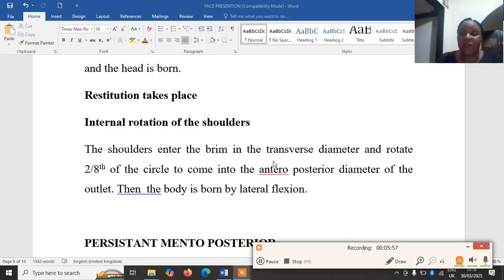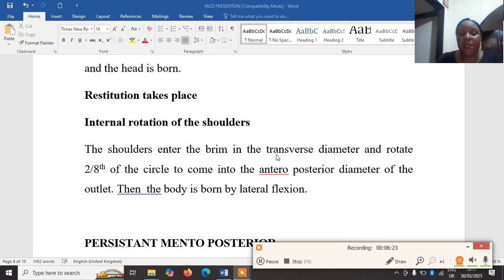When the mentum lies anterior and rotates into a short rotation, the mentum will come under the symphysis pubis, and we shall deliver this baby first by extension to deliver the chin, and then lastly by flexion to deliver the occiput. That is the first outcome of mentoanterior.